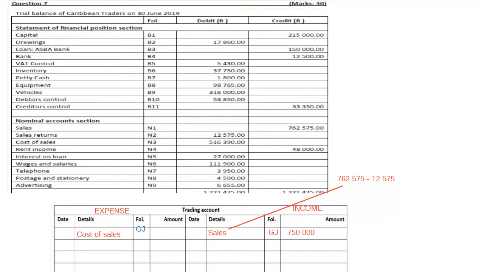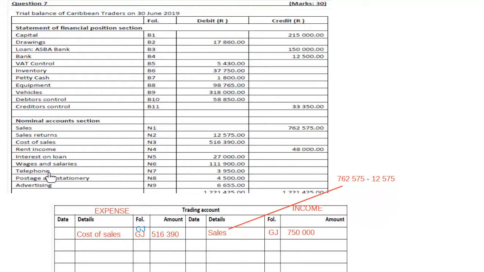Is 516,390. Okay, so can you see dealing with the cost of sales is very, very easy, as you can see here.